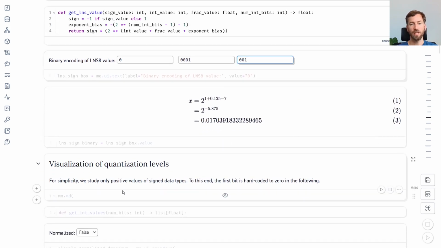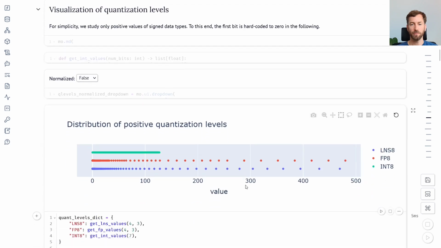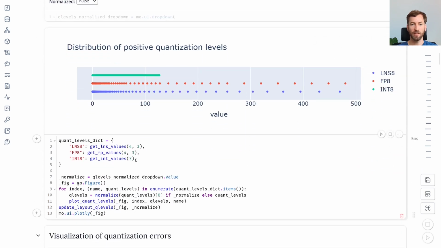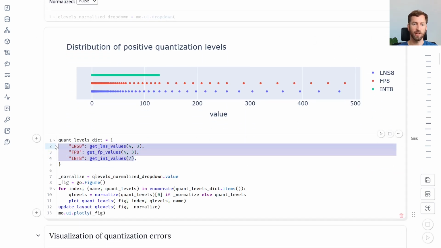So now let's compare the quantization levels of these three different data types. To this end, we get the representable values, so the quantization levels for these three different data types. So for LNS, we use a configuration of 4 integer and 3 fraction bits.